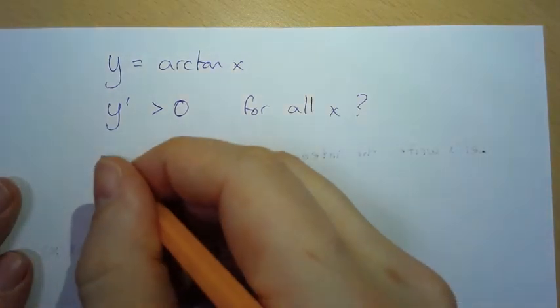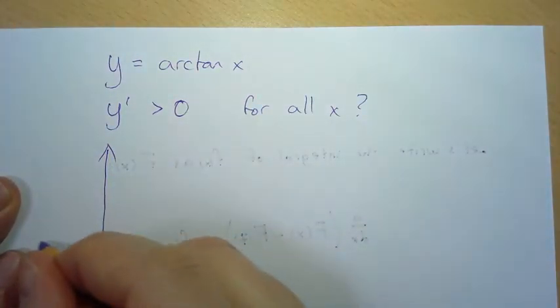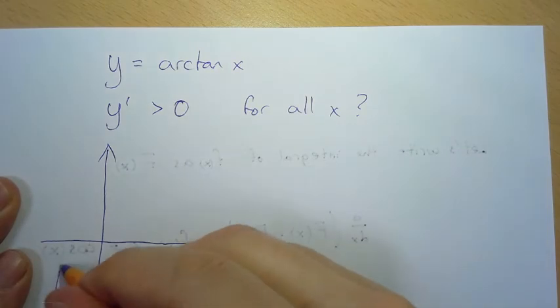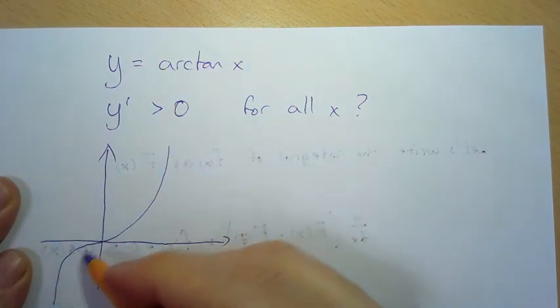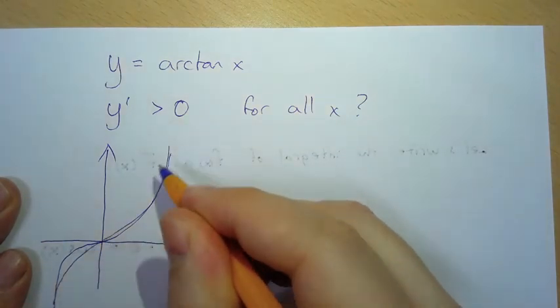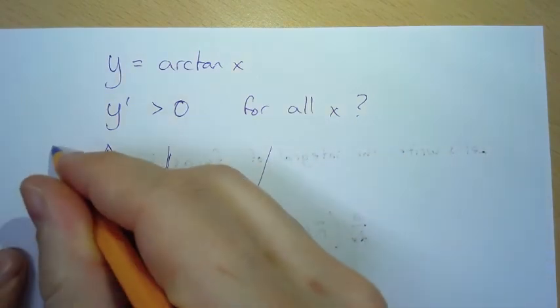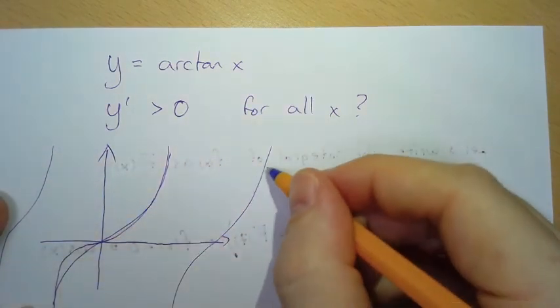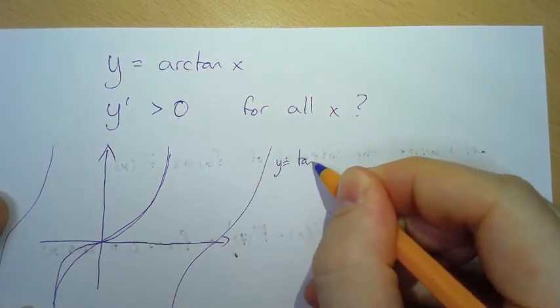We can just think about it graphically. We know the graph of tangent, roughly, y equals tan of x, looks like this.